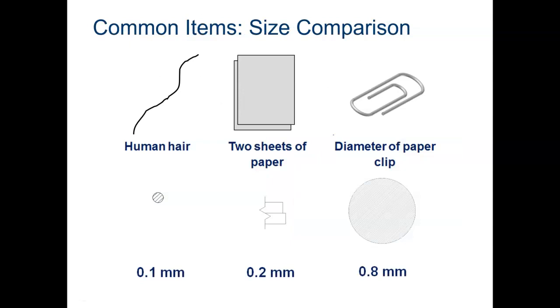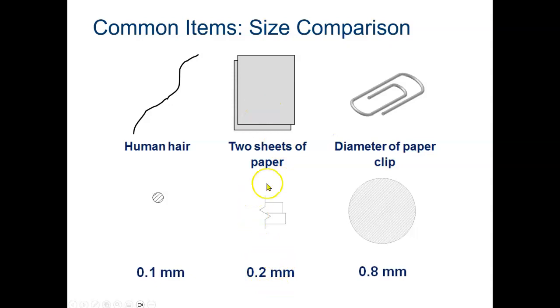Let's try to understand what we're talking about by comparing it to common objects. So, for example, the strand of human hair, we have it sectioned right here, is about 0.1 millimeters in diameter. 2 sheets of paper stacked on top of each other is about 0.2, and that is also a good layer height for 3D printing if you want a very fine, detailed 3D print.